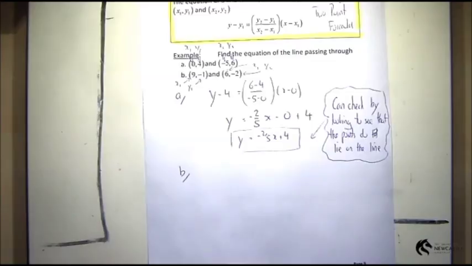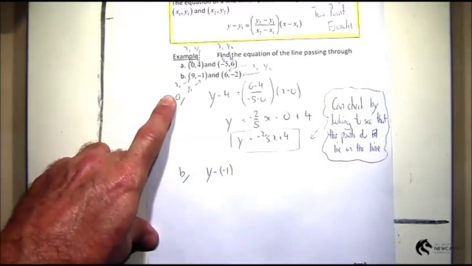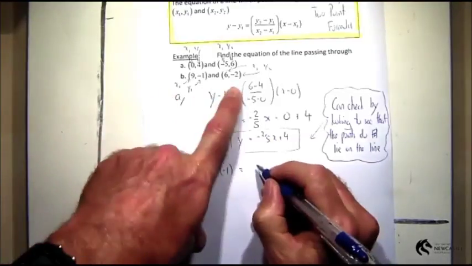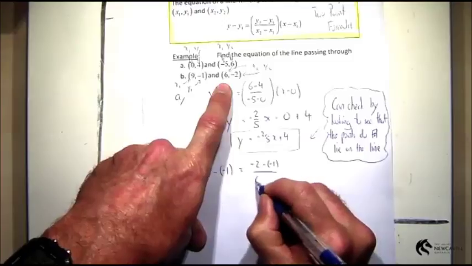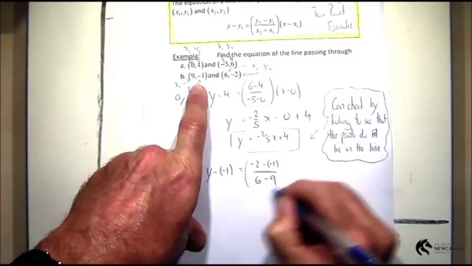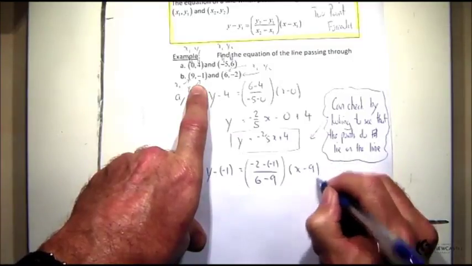So here we go. y minus y1 is equal to y2 minus y1 over x2 minus x1, all times x minus x1.